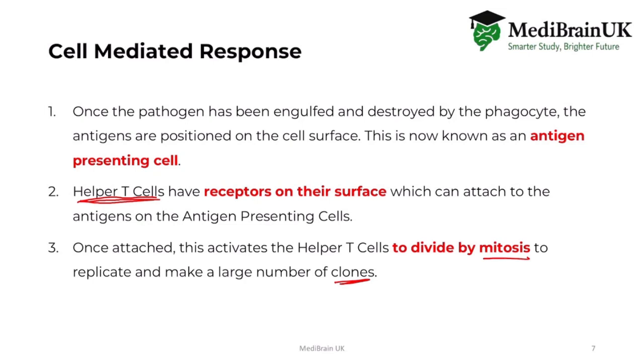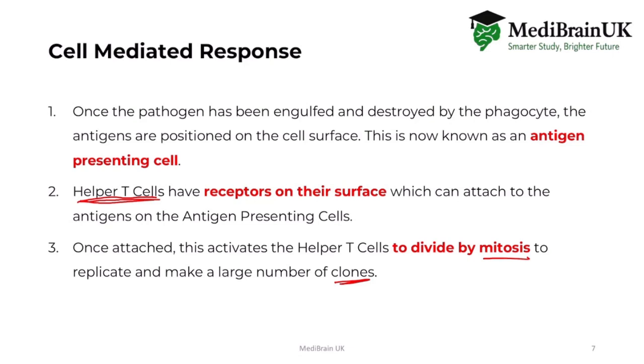So the first part: we've got an antigen presenting cell. The helper T cells, because they have receptors on their surface, are going to come and bind to the antigens on the antigen presenting cells. That activates the helper T cells, and that triggers them to divide by mitosis and produce a lot of clones of themselves.